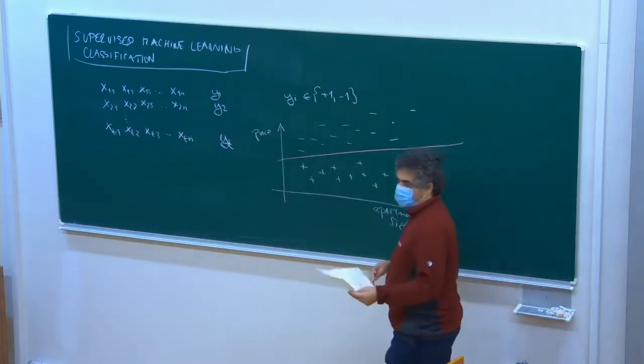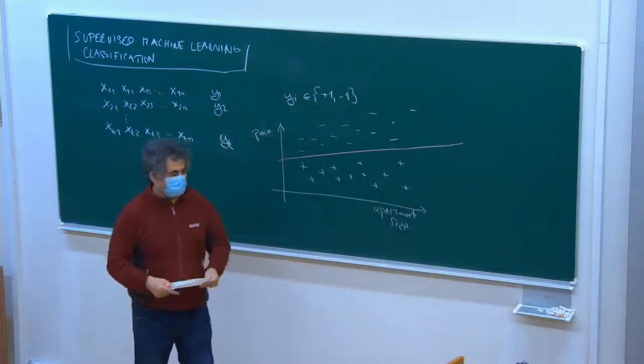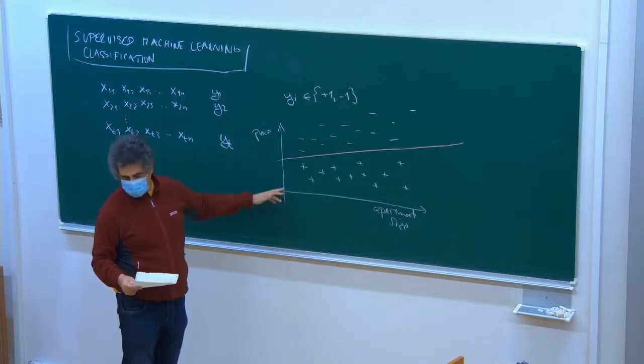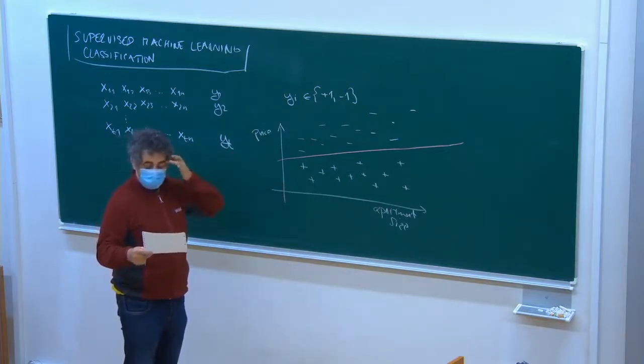And we know that basically the line is defined simply as a linear combination of features. So we will have a couple of parameters.